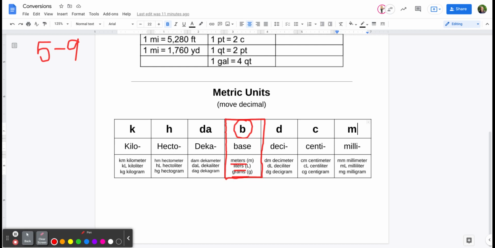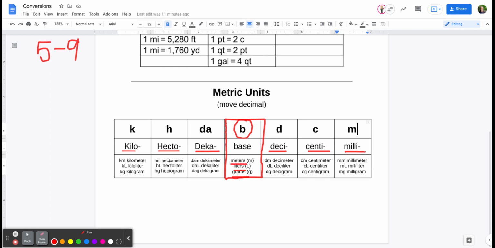Now we also have to notice these prefixes: kilo, hecto, deca, deci, centi, milli. Prefixes go before words. So if we read through this chart, you can see kilometer, kiloliter, kilogram. Kilo is in front of each of those root words, the meters, liters, or grams.